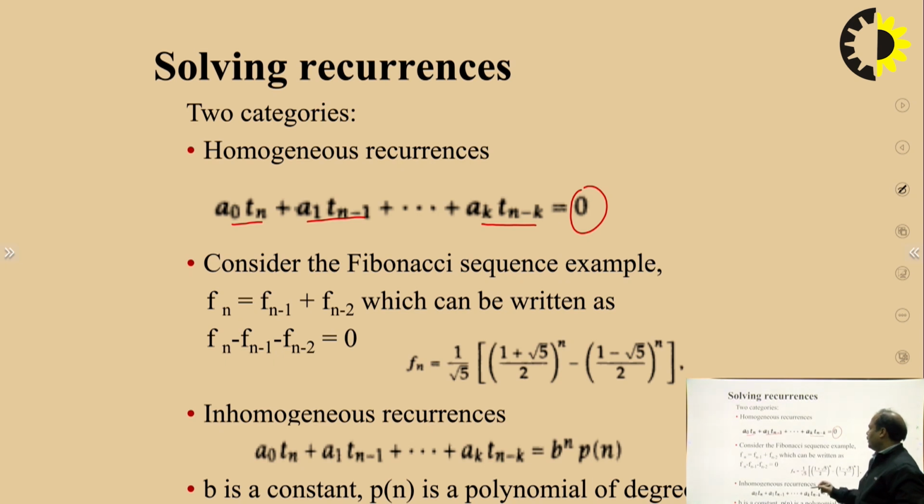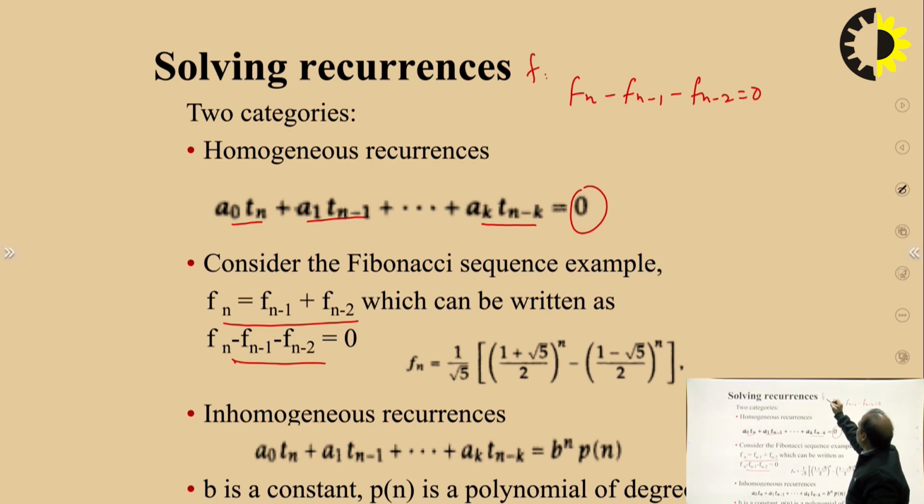For example, in the Fibonacci sequence, Fn minus Fn minus 1 minus Fn minus 2 equal to 0. In this situation, we write Fn equal to x to the power n to solve it.